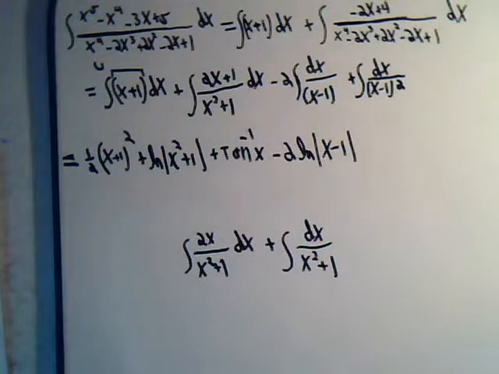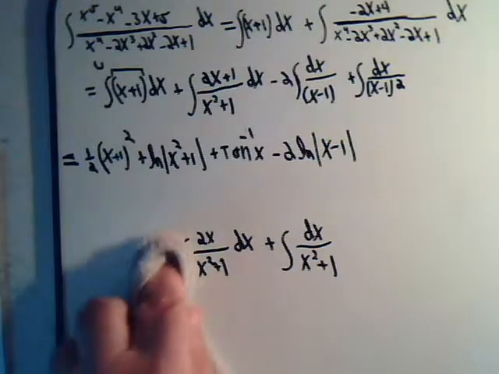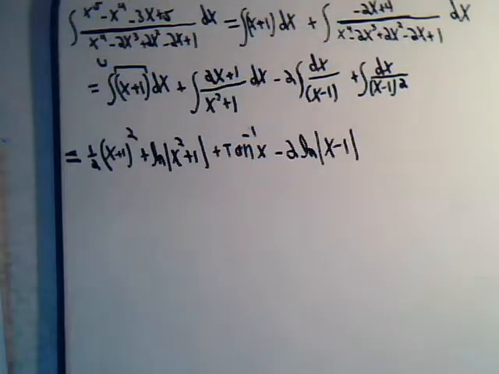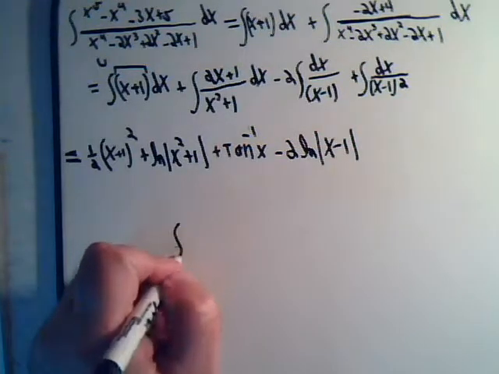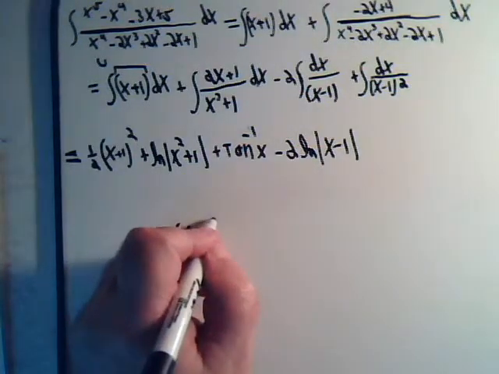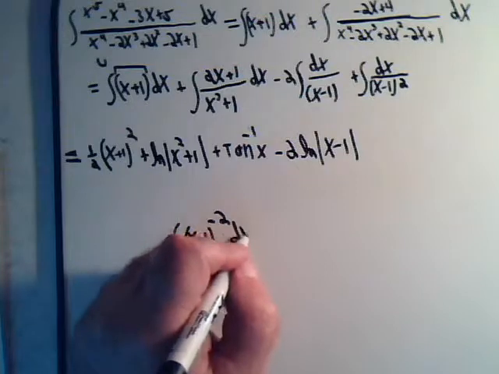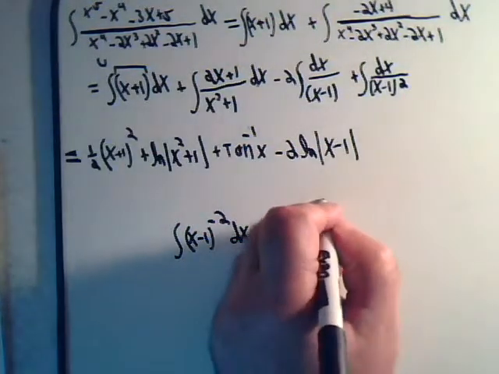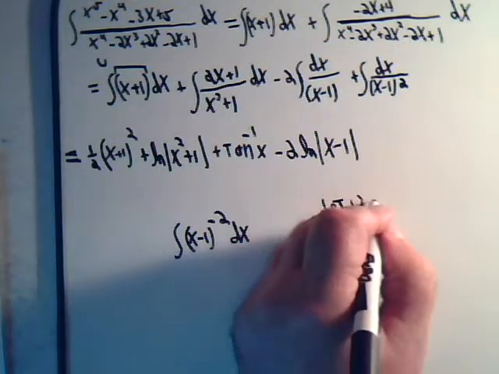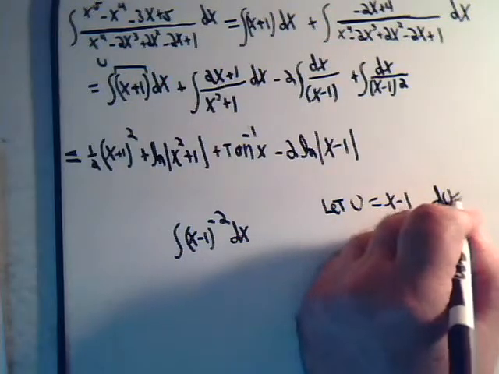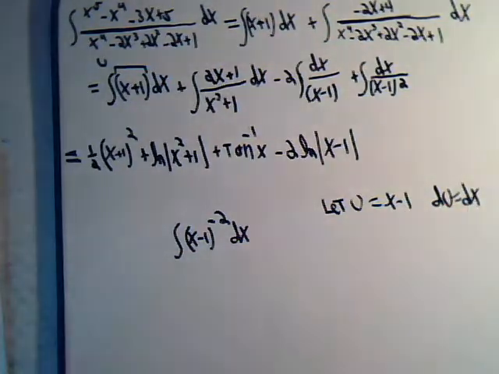And finally, we have our last one, x minus 1 squared. And let's write it like this. Integral x minus 1 to the minus 2 dx. Let u equal x minus 1. du equals dx.